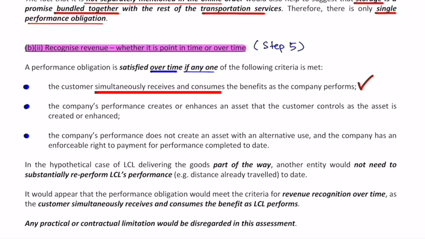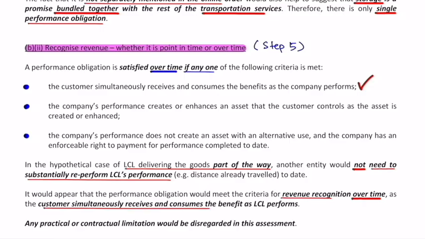The customer simultaneously receives and consumes the benefits as the company performs the service. If LCI delivers the goods part of the way, another entity would not need to redo the service. It appears that the performance obligation will meet the criteria of revenue over time, as the customer simultaneously receives and consumes the benefit as LCI performs the transport service, unless indicated otherwise.